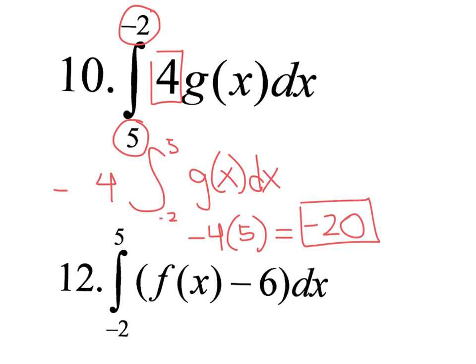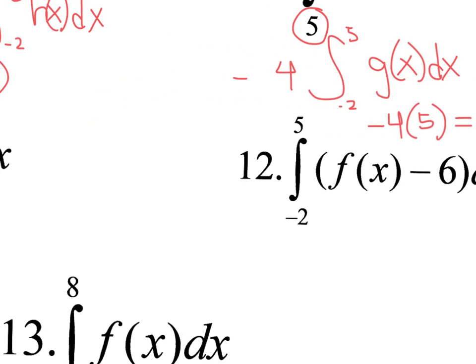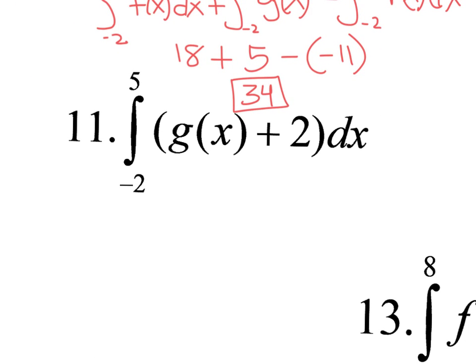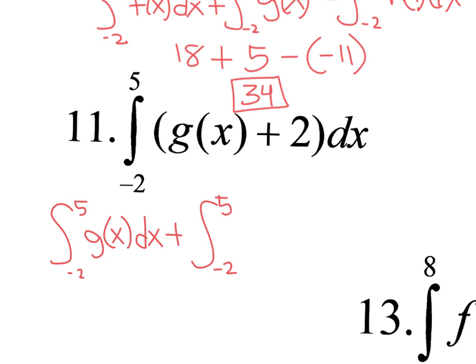Okay, now going on to problem 11. Here we also have 2 pieces to this sum, so I'm going to separate them. So I have the integral from -2 to 5 of g of x dx, and then plus the integral from -2 to 5 of the constant 2 dx.